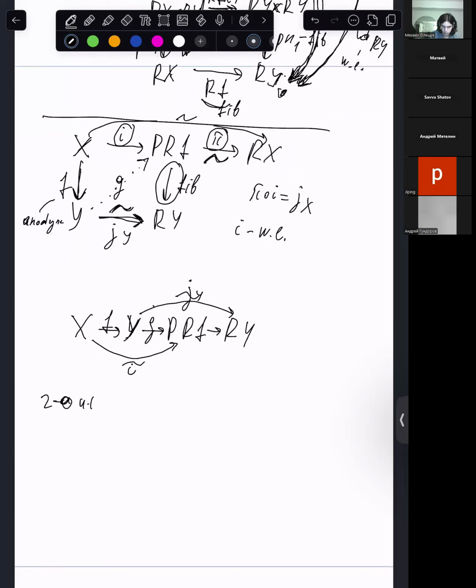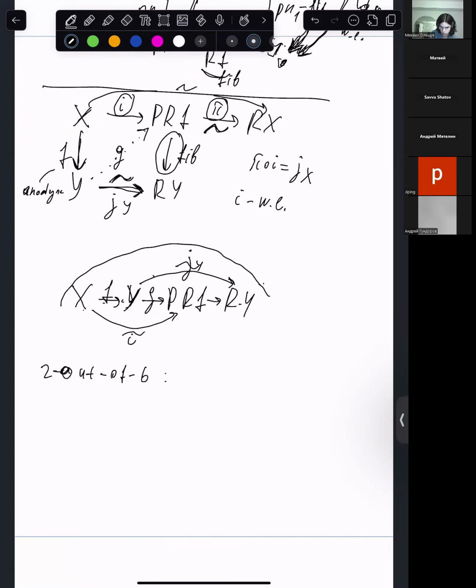The two-out-of-six property says to us that if we have four objects and morphisms like that, such that the composition of the first two is a weak equivalence, and the composition of the second two is also a weak equivalence, if I and JY are weak equivalences, so are all morphisms here.